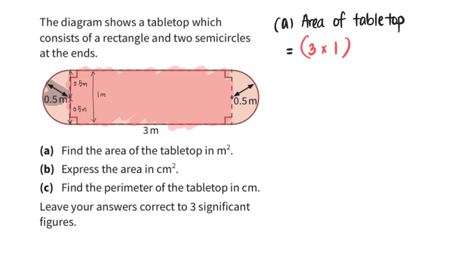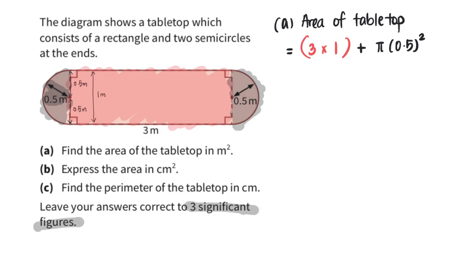That's the rectangle. Plus the 2 semicircle. And we have 2 semicircle of the exact same radius. It is simply 1 circle. So it's just pi r square for the 2 circle here that we are looking at.